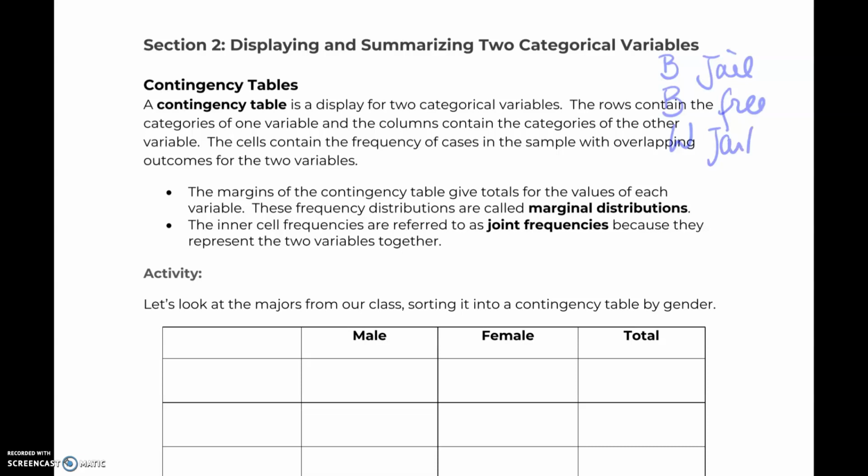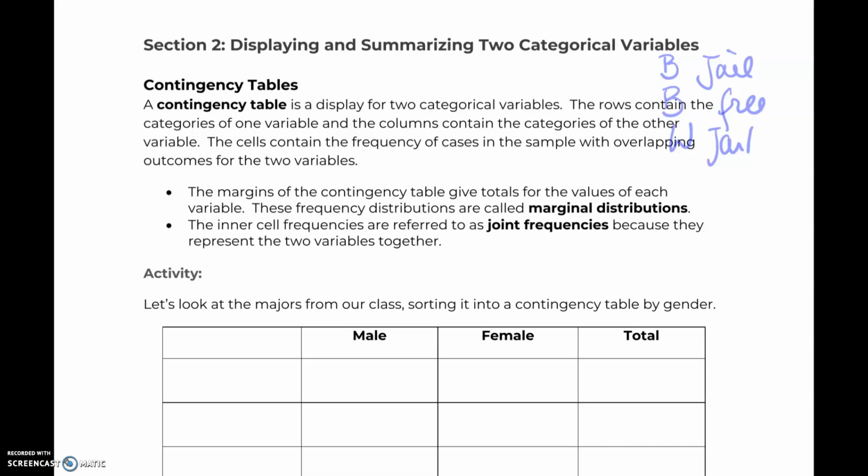So we're taking that data and we're able to put it into a contingency table. The contingency table allows us to display these two variables, the race, Black versus white, and the outcome, where one is the row variable and the other is the column variable. So we call that a contingency table.